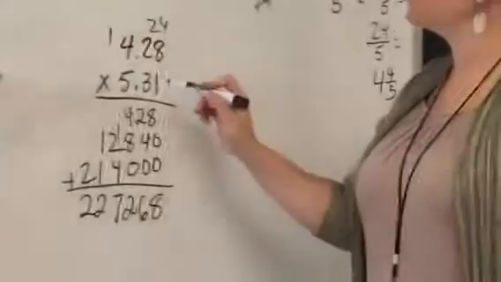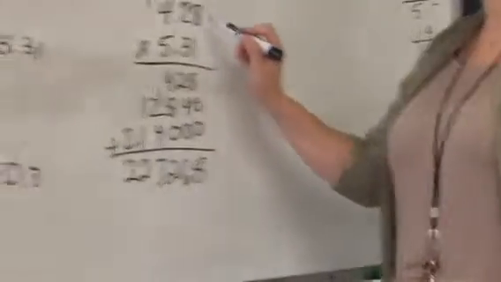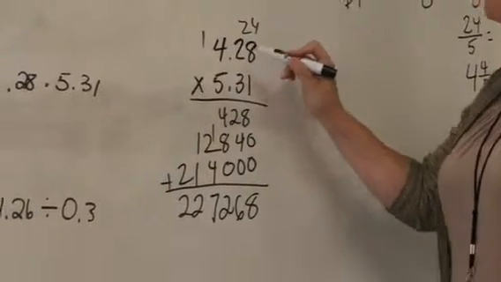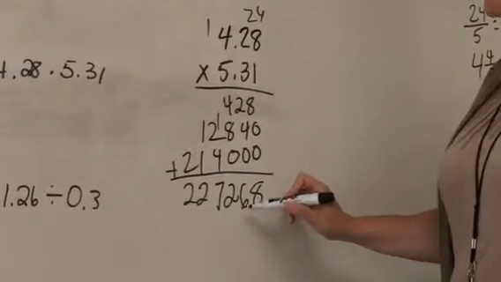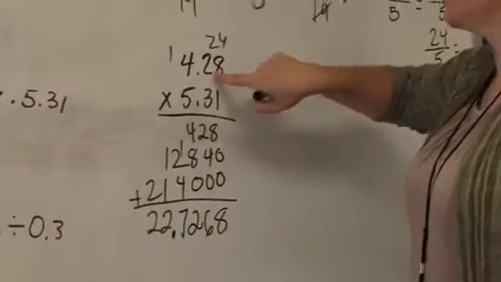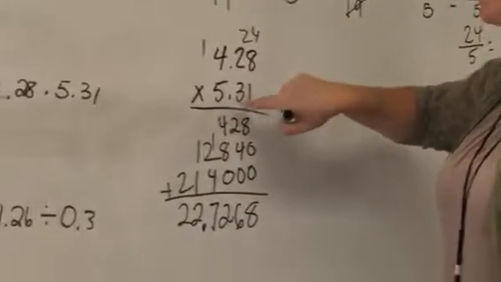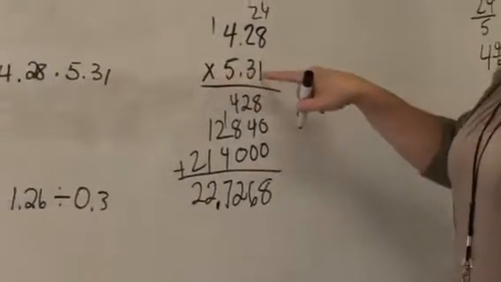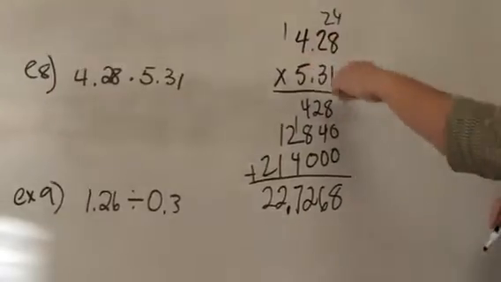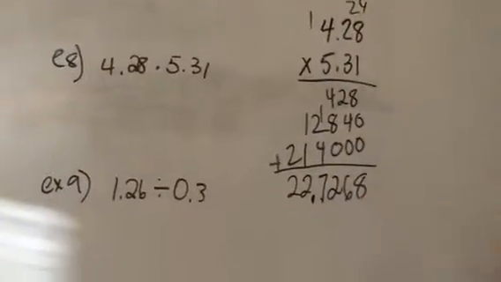And then you count over. How many do you have to count over to get to the decimal? Ready? You go 1, 2, 3, 4. So you start here and you go 1, 2, 3, 4 and put the decimal point there. If the decimal was there, then we'd count over 1, 2, 3. If the decimal was there, we'd count over 1, 2, 3, 4, 5. Wherever the decimals are, you count over that many, and then put them in.